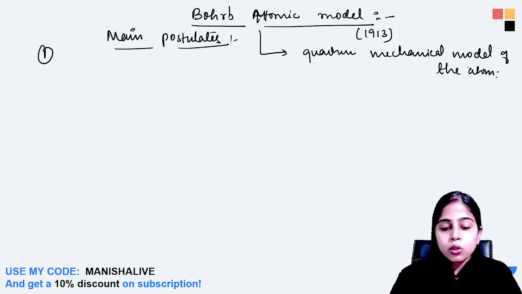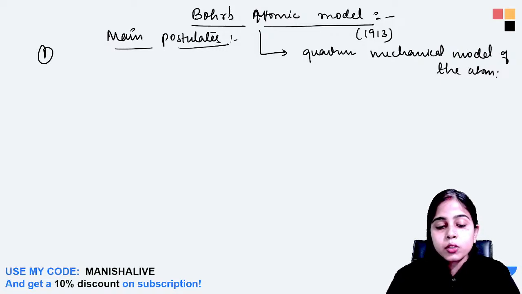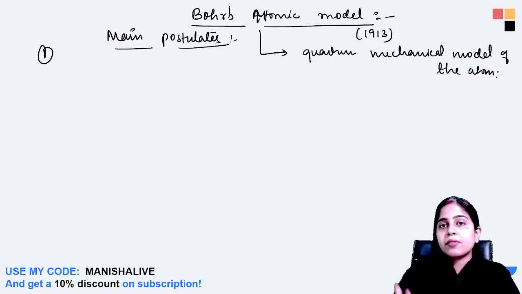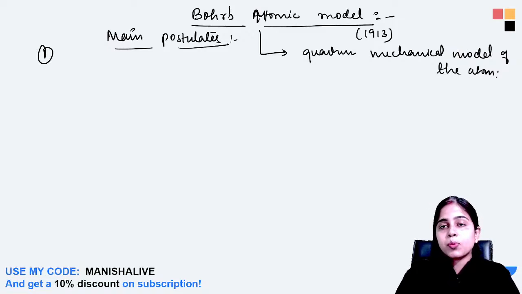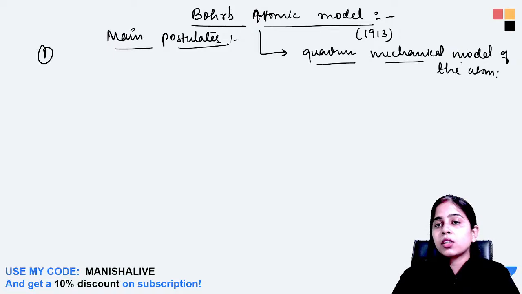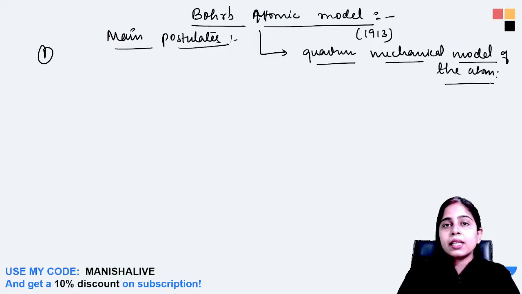To answer the objections raised to Rutherford's model and to explain the spectrum of electromagnetic radiation and all, he proposed a quantum mechanical model of the atom where he told that the angular momentum of any electron is quantized. So let's study the main postulates of Bohr's atomic model.